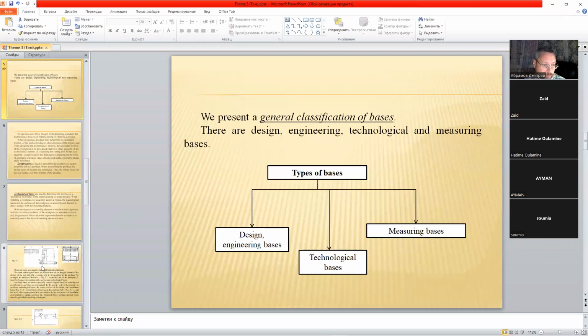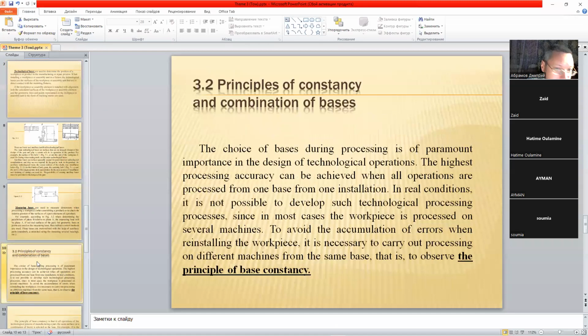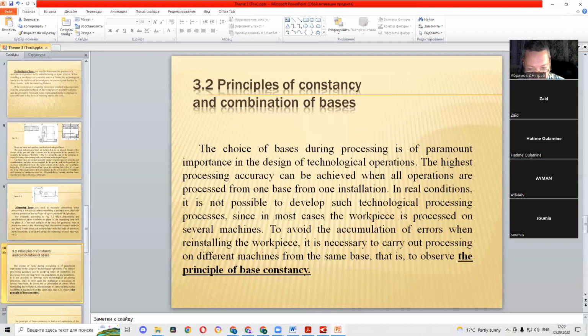So we return to our lecture, and item 3.2, principles of constancy and combination of bases. Now we must make a 5 minutes break.